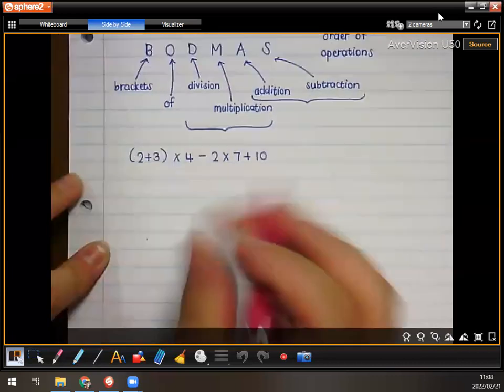Because what does BODMAS say? Even though there's a plus in this bracket, you actually have to do brackets first. Alright, so here we have bracket times 4. Now what comes first, brackets or multiplication? Brackets. Okay, so this is a bit different from what happened in the first one. In the first one, we had no brackets. Alright, so we have to multiply before we add. In this case, because this 3 is in brackets, we have to do the brackets first. Okay, so that's something helpful.